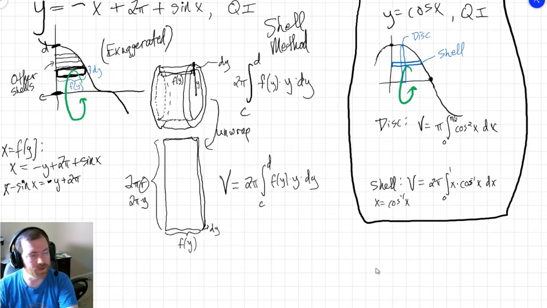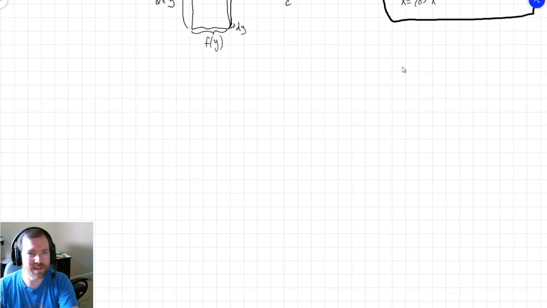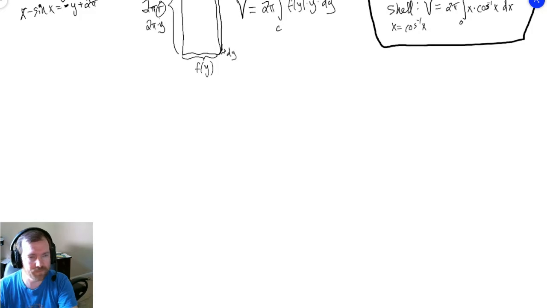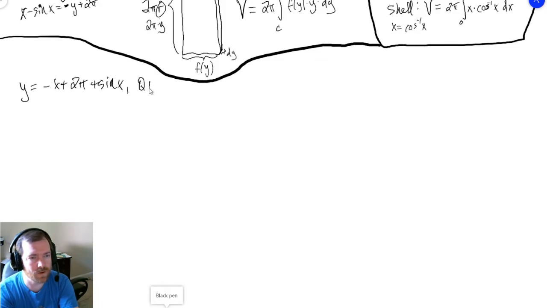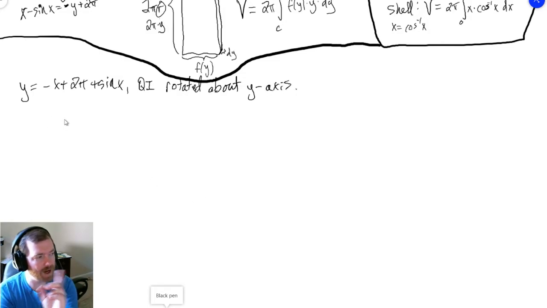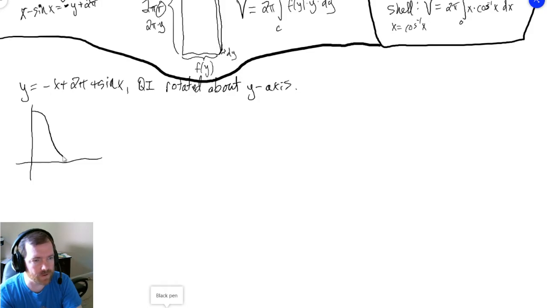Alright, now if we wanted to do this exact same function, but now rotated around the y-axis. So, y equals -x plus 2 pi plus sine x 1. And we rotated about the y-axis. That's going to go this way now. So this was sort of a Hershey kiss sort of thing, like that.